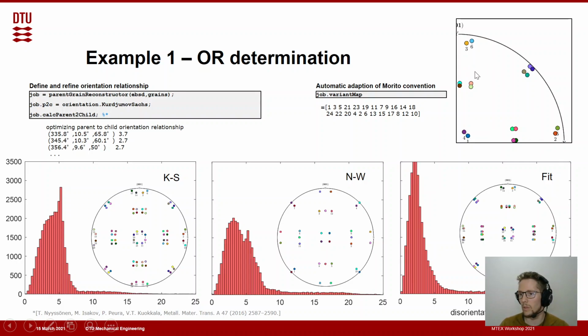So you have 1, 2, 3, 4, 5, 6 for the first packet, and then we continue for the second and the third and the fourth packet. It's just the convention that's usually used in steels quite a lot to know when we talk about variant 10, which one do we actually mean, and we can compare this between literature. And this is assumed per default now if MTEX detects cubic to cubic martensitic transformation.